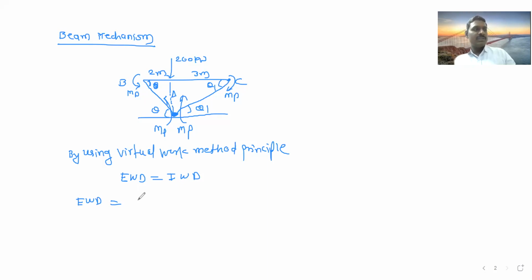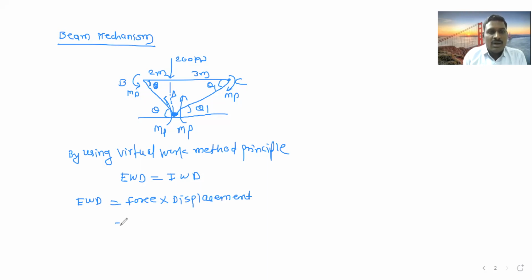Follow the procedure similar to what we have solved. This is so easy. External work done is equal to force into displacement. What is the value of force? 200. 200 into displacement.